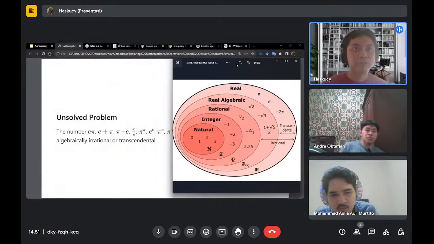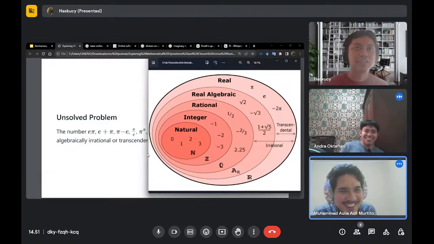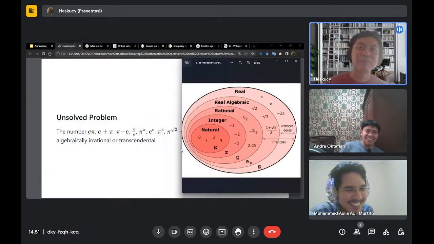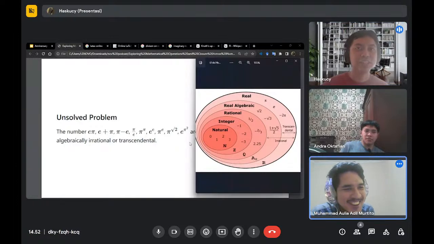Here's the fun part. If you're able to solve one of these, you may as well go to the PhD program, and you can get a PhD degree from solving this. Field medal, in fact. No, I don't know about field medal, but at least you can get a PhD degree in math if you solve one of these. Very easily.